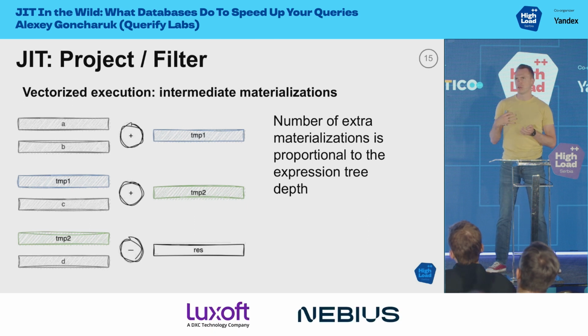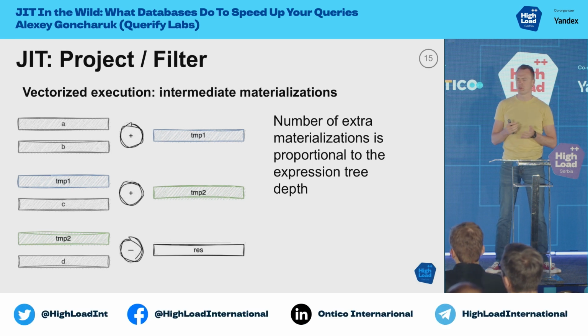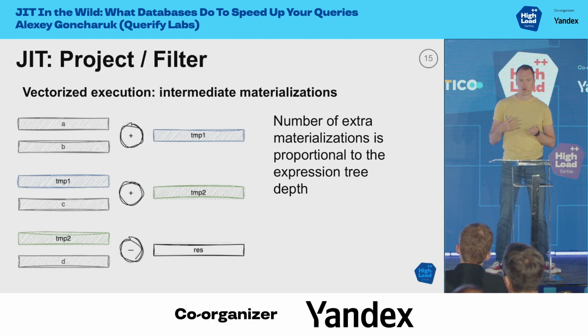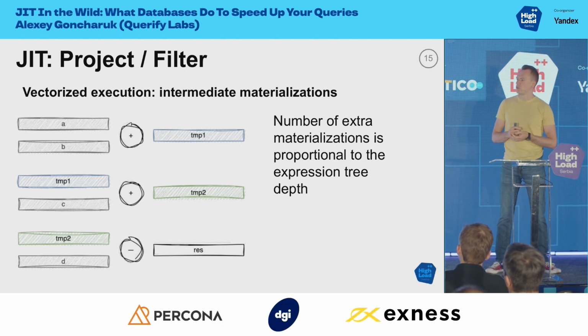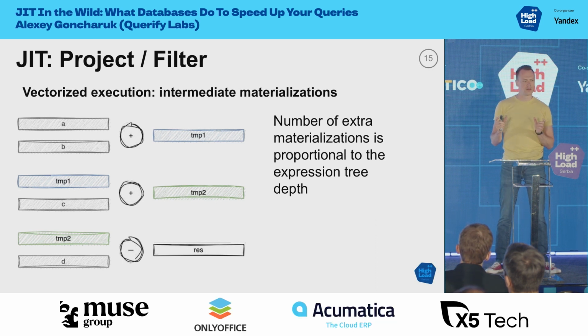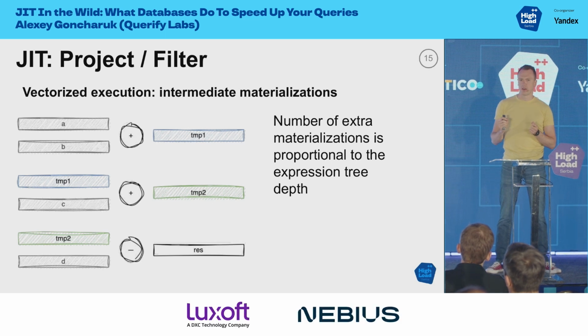If we would evaluate this condition in an interpreted mode, we would need to essentially traverse the tree and do type dispatch for every row in the operator. Instead, what usually analytical databases do is decompose the relational expression tree and run the operations per vector. This is so-called vectorized execution.